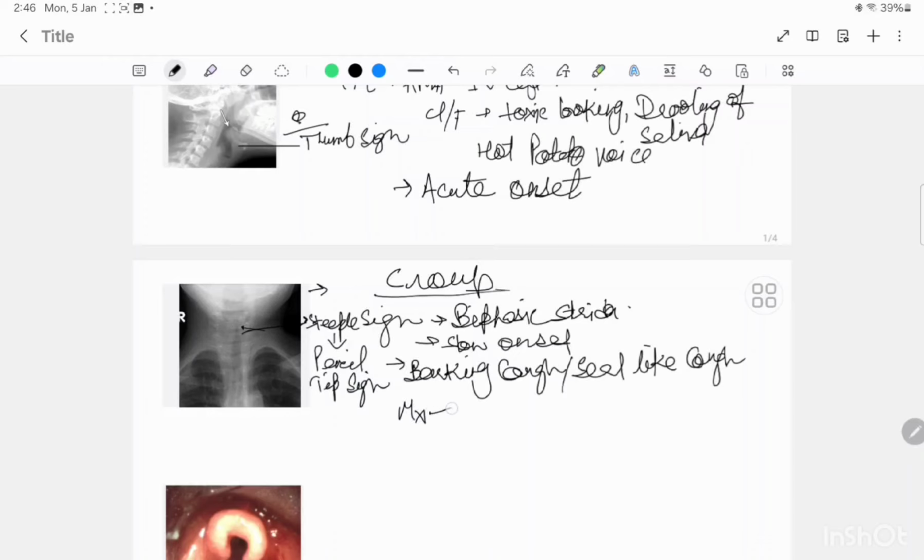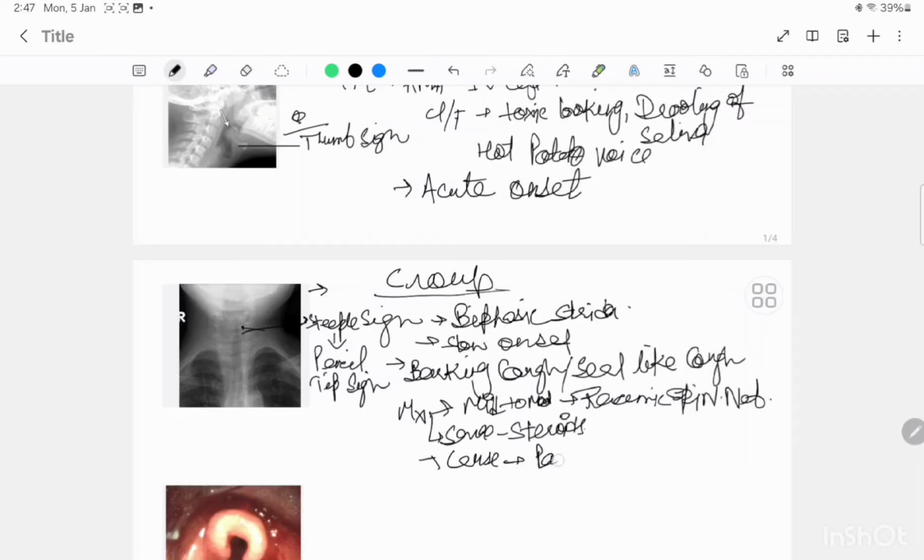Management in mild to moderate cases is nebulized racemic epinephrine, and in severe cases, steroids, dexamethasone. The causes of croup are parainfluenza virus and RSV.